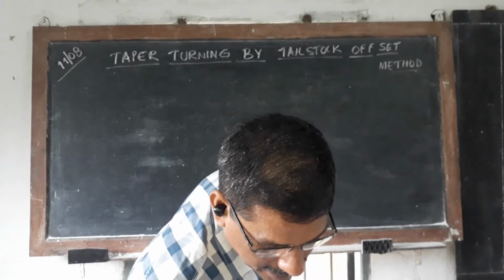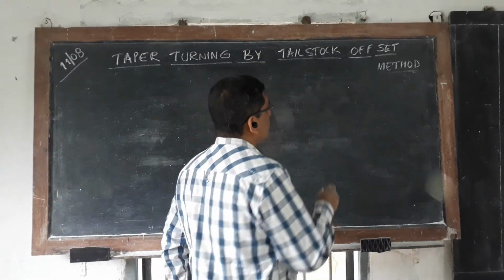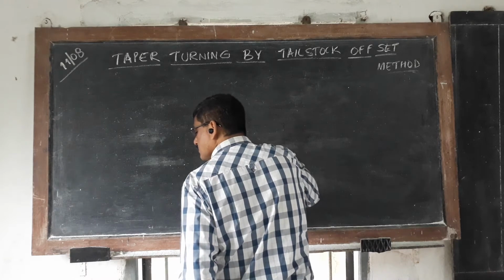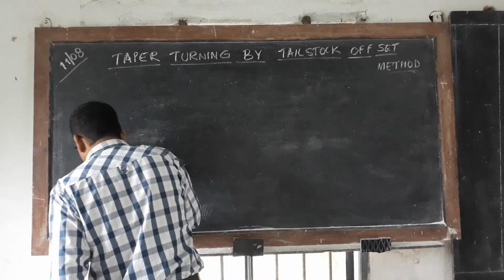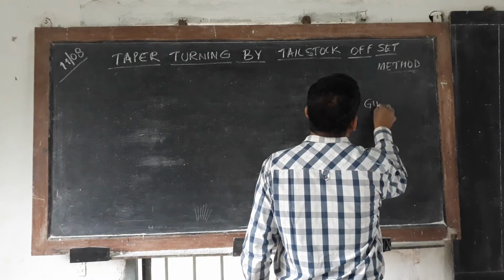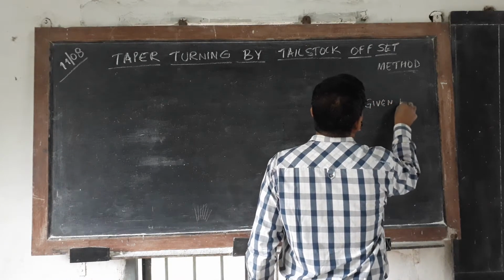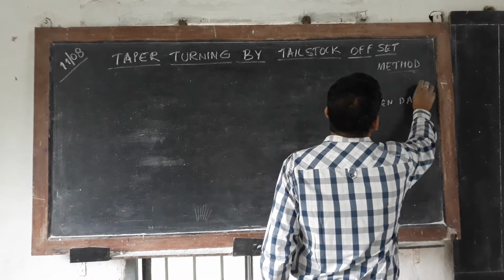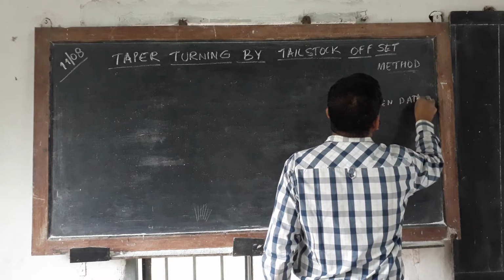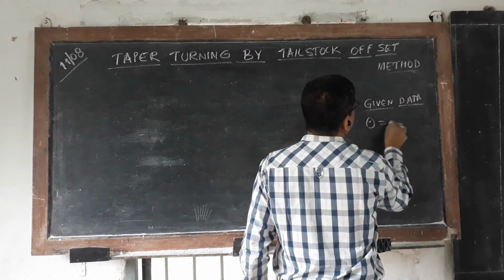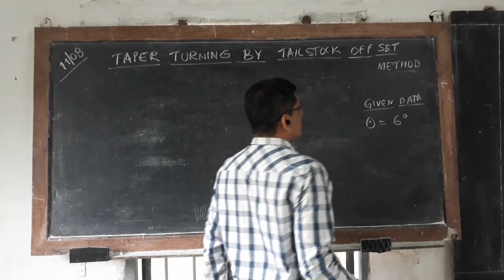So the angle is given in our data. Theta is equal to 6 degree, the included angle given in the job.